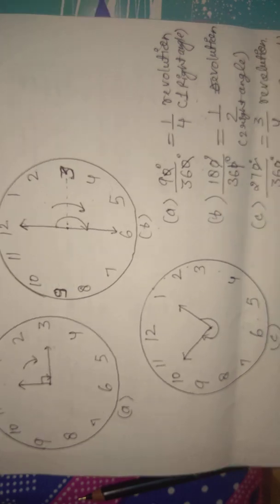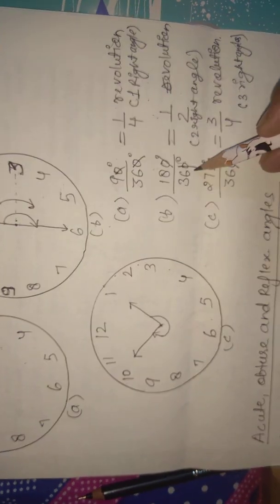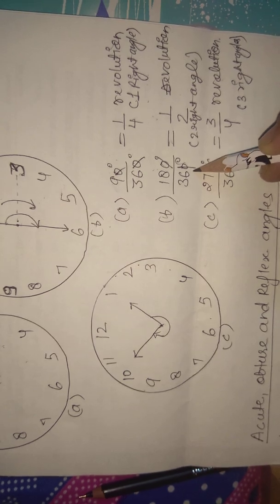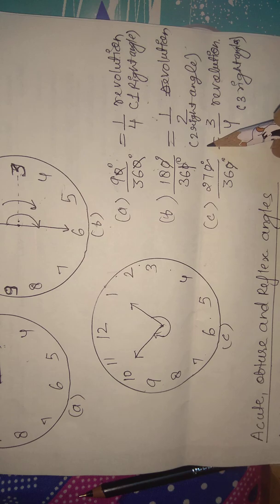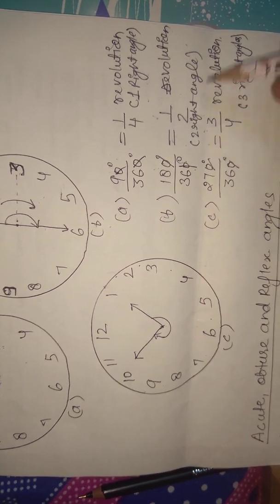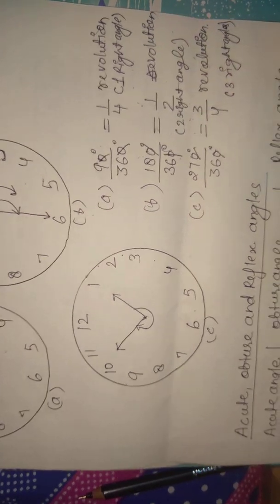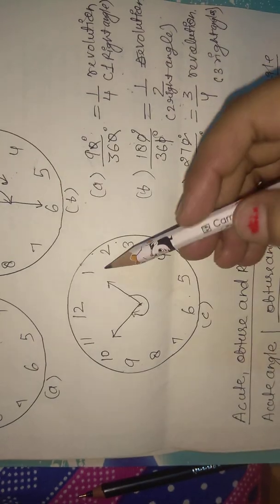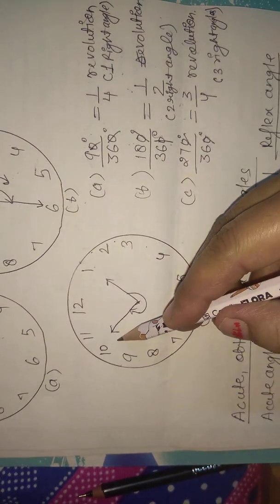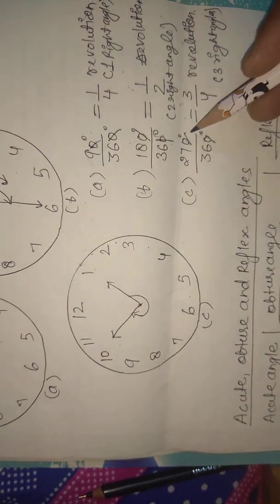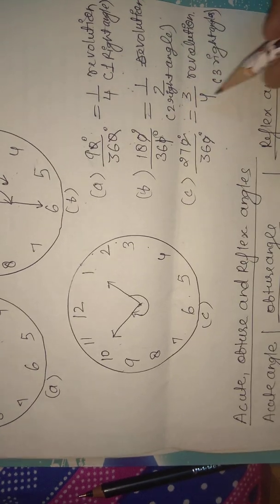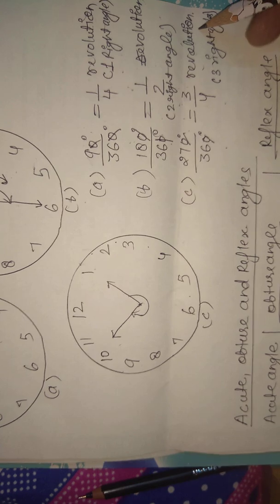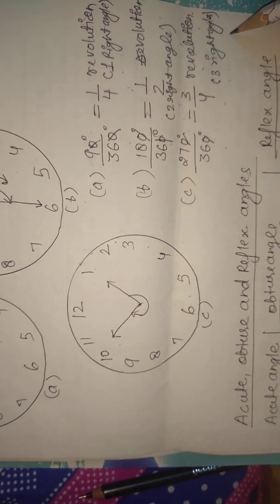So how can we calculate its revolution? 180 degrees divided by 360 degrees is equivalent to 1 upon 2 revolution, or you can say it takes two right angles. In diagram C, it goes from 1 to 10 clockwise. So it will take 270 degrees upon 360 degrees, which equals 3 upon 4 revolution, or we can say 3 right angles.